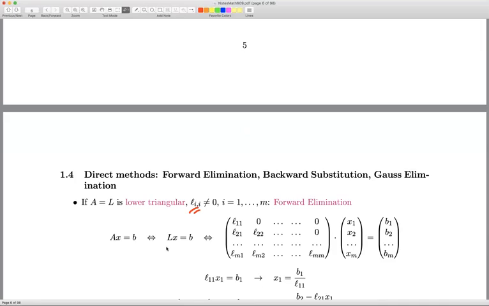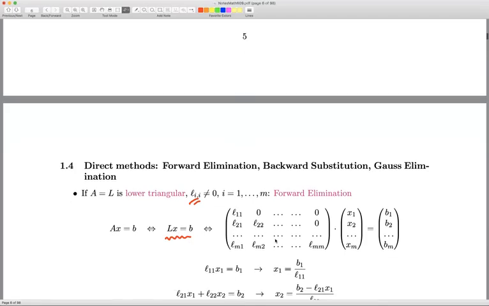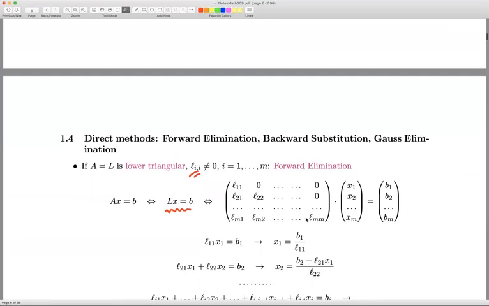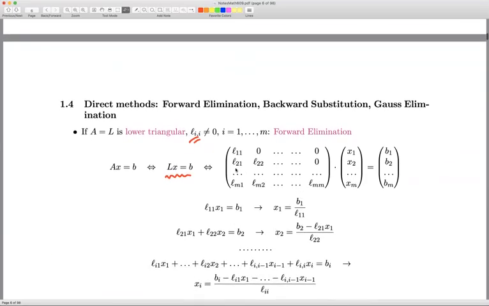And so once we write the system AX is equal to B, which is the same as writing LX is equal to B, and now write down that L is a lower triangular matrix, we see that the first equation, which basically is this row multiplied by the vector X, will give me L1,1 x1 is equal to B1.